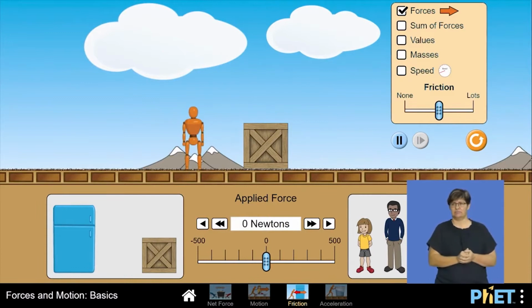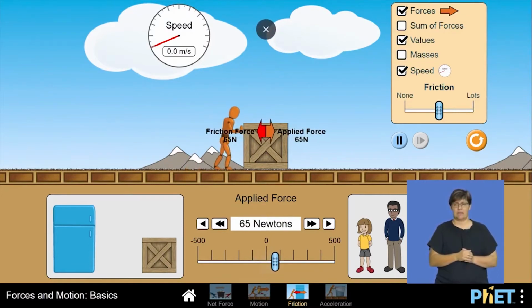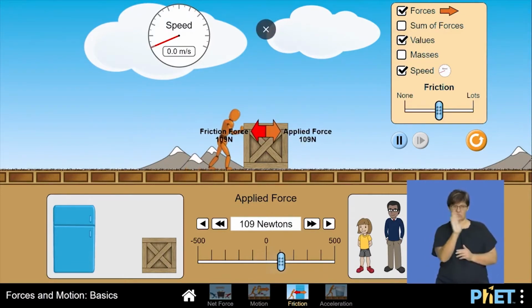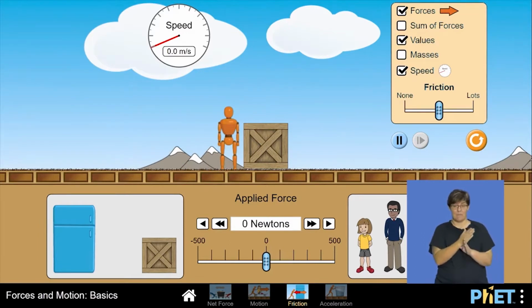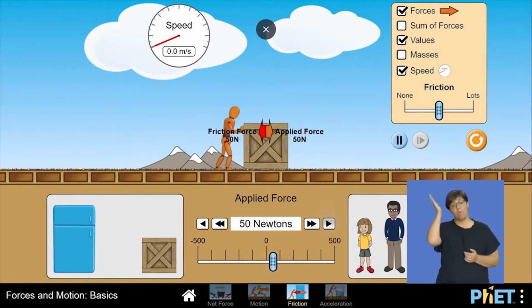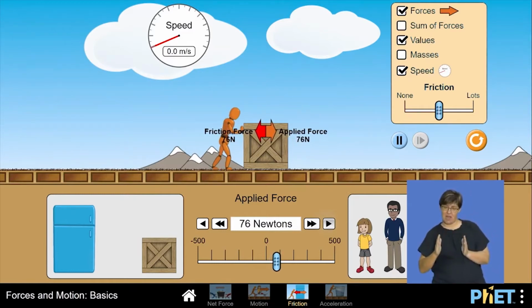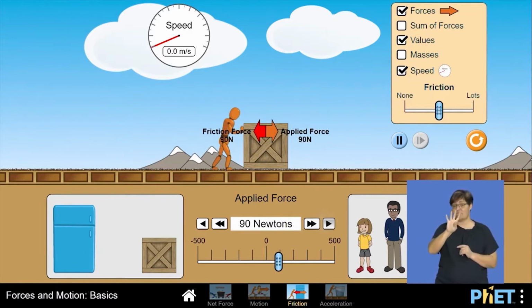Let's put the speed up there, and we want the values. So we knew we got to about here before, oh, look, it doesn't want to play with me. Okay, fine, we'll do it this way. So we knew that we got quite far, okay? So remember, at 94, when it was moving, it's not moving.